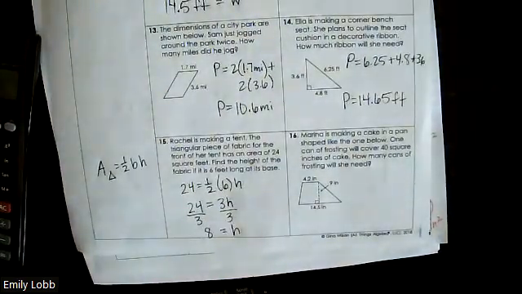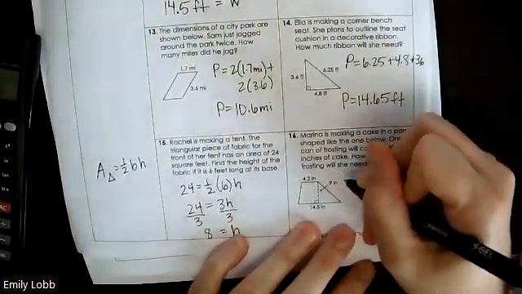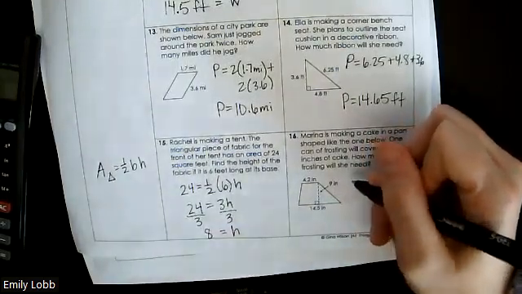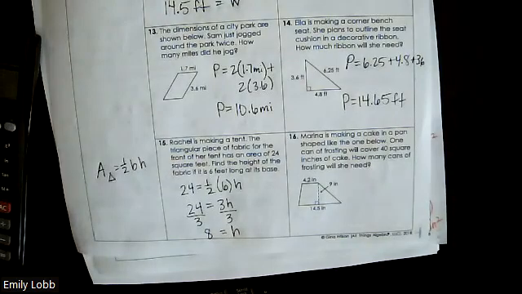Marina is making a cake in a pan shaped like the one below. One can of frosting can cover 40 square inches of cake. How many cans of frosting will she need? This looks like a trapezoid. What is the area of a trapezoid? 1/2 times the height times the sum of the bases.